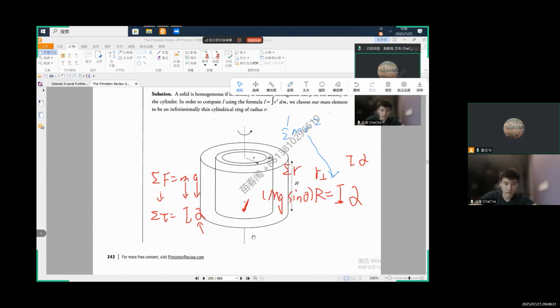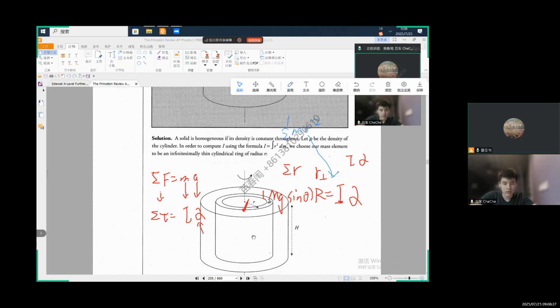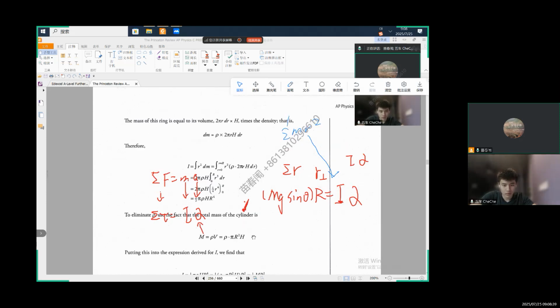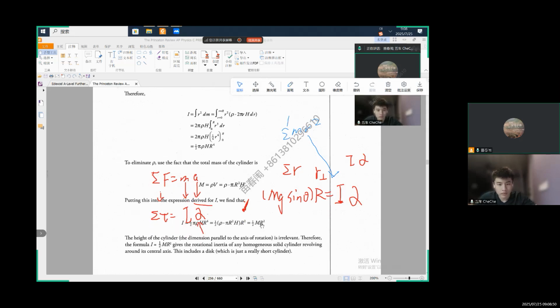Remember this is a cylinder, it rotates. We integrate r squared dm, and then eventually what we find is this one. But when we change the form, it comes into this, which is 1/2 mr squared.